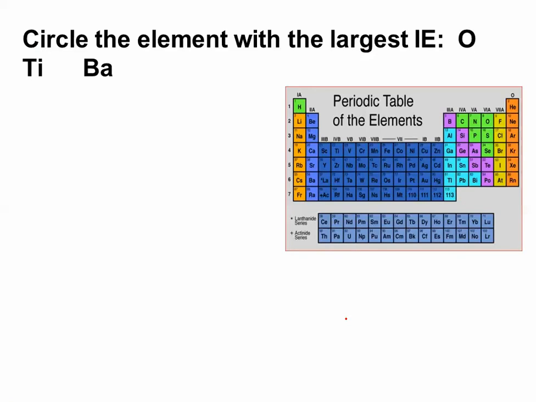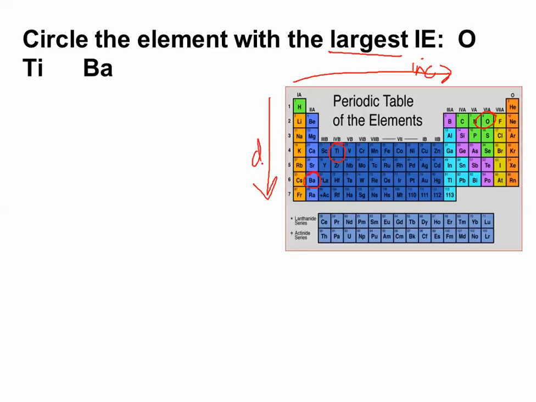All right, so we have one more. This time we're looking for the largest ionization energy, and we're looking at oxygen, titanium, and barium. So look, we know it increases across.